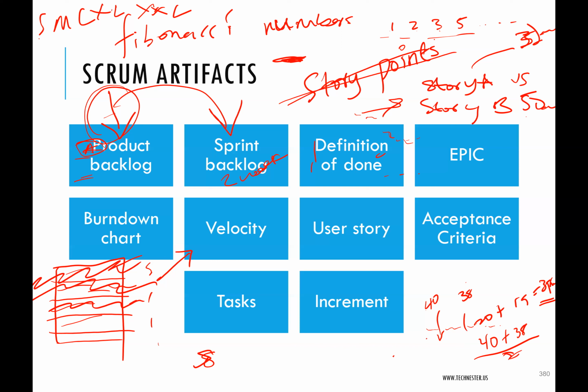If it's days, then it will be measured in the number of days. If it's t-shirt sizes, then you measure in the average of t-shirt sizes where possible. So that's the meaning of velocity, the average amount of time it takes your team to finish the task in a sprint.